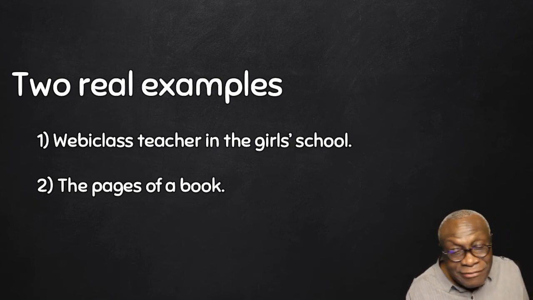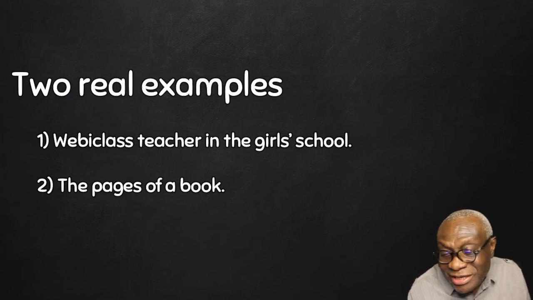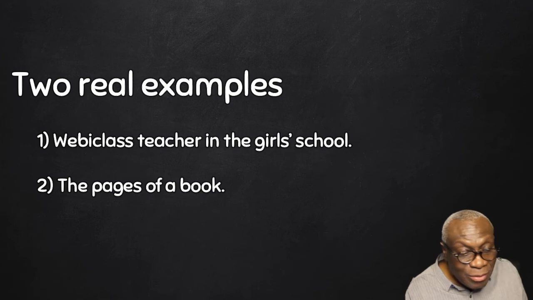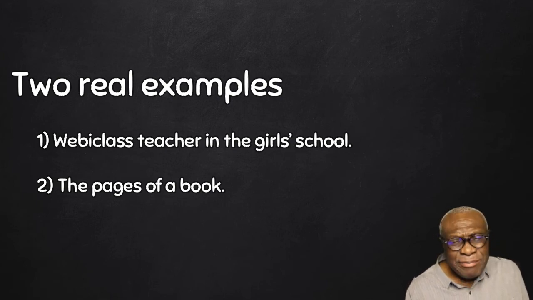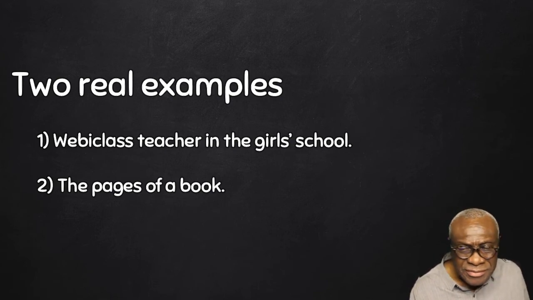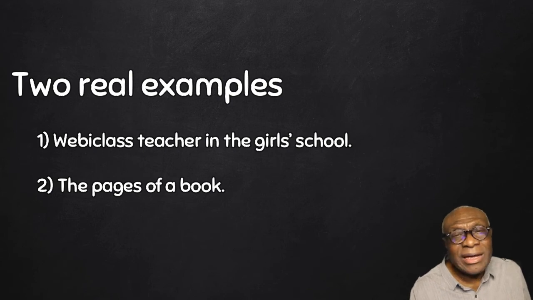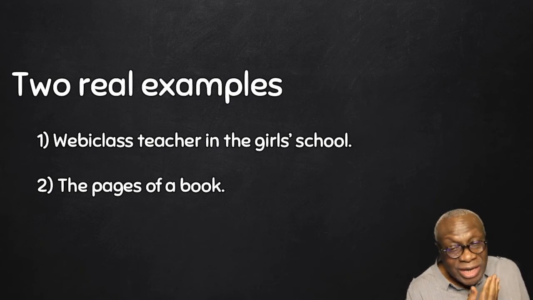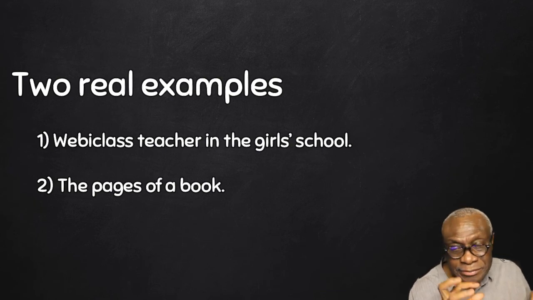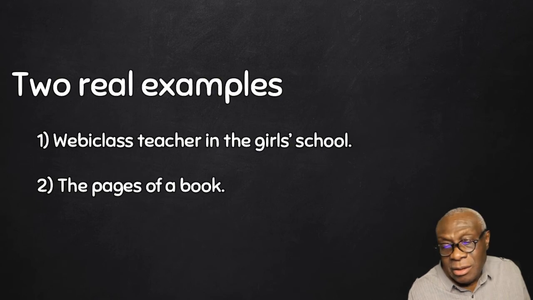Then, another very good instance of oxymoron I've always said to students is this. When you take a book to read, the pages are white. The printing is black. Why? Because we have black printed against a white background, which is the page. Black and white are opposites.